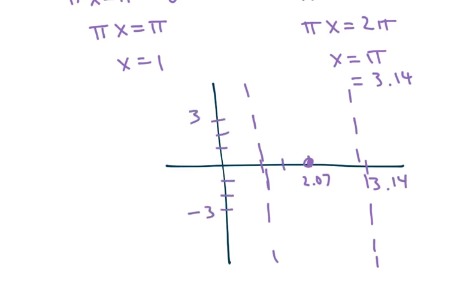This one is halfway between 1 and 2.07, which is going to be at 1.54. And that one's going to be at 3. And then that one's going to be between 2.07 and 3.14, which is going to be at 2.61. And it'll be at -3. And there's my graph.